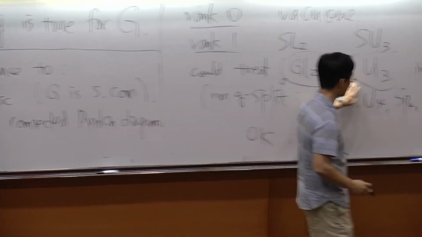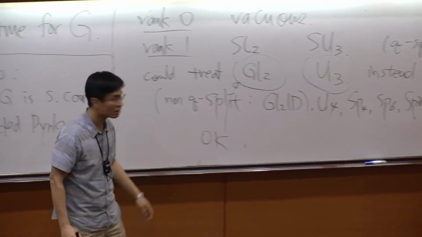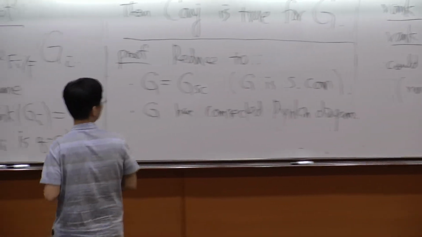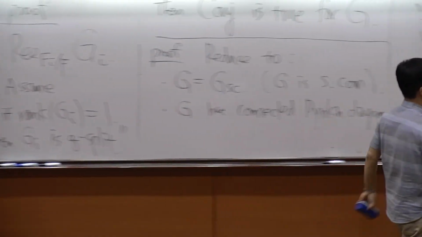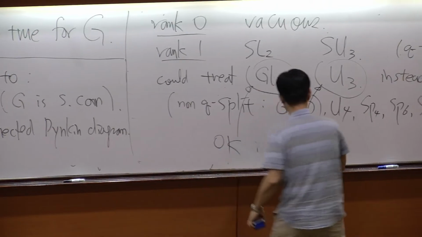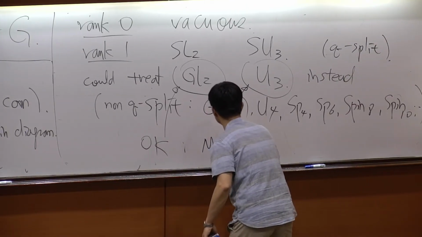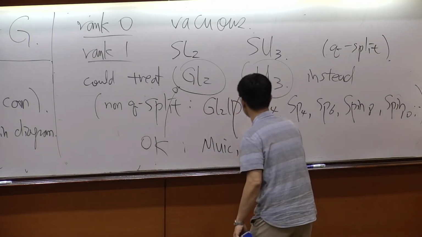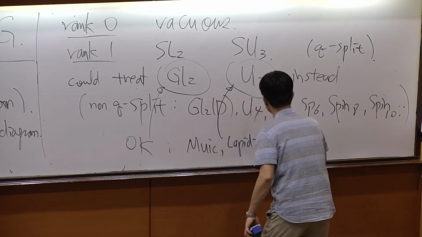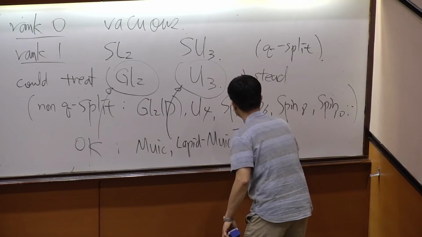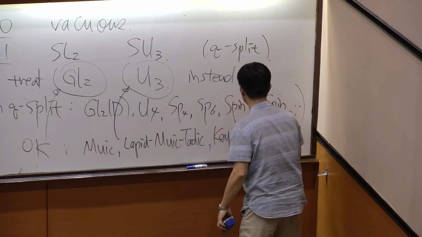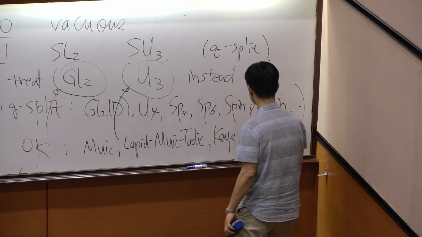In the case of U3, things are more complicated, but I just mention that I use results by Muić and Lapid, Muić, Tadić, and also a result by David Keys and Rogawski.